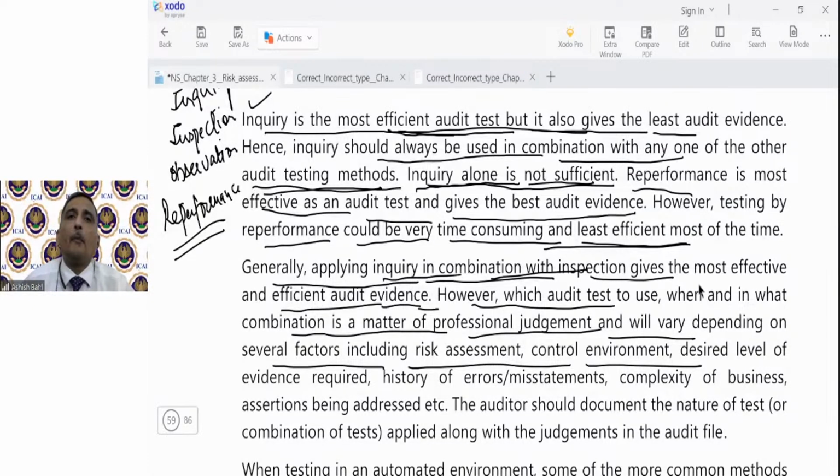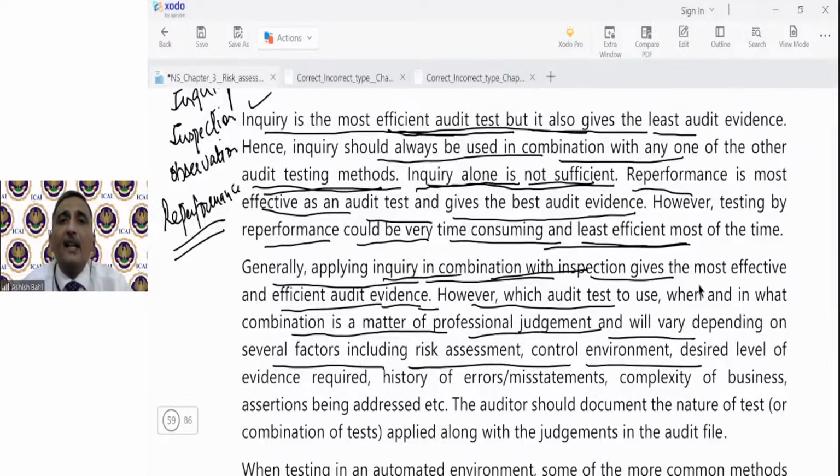So it depends upon many things. So we cannot say that one test is always better in all cases. So it would change from circumstances to circumstance.